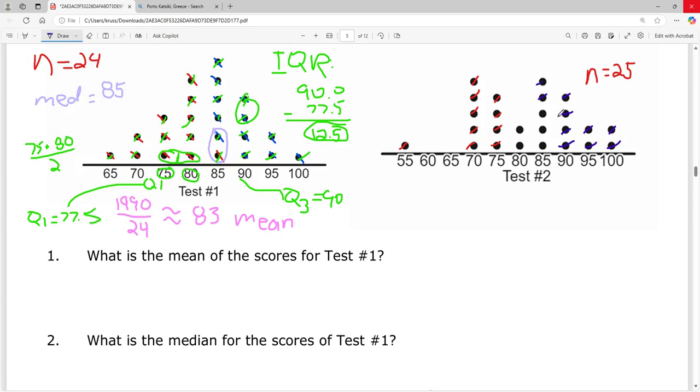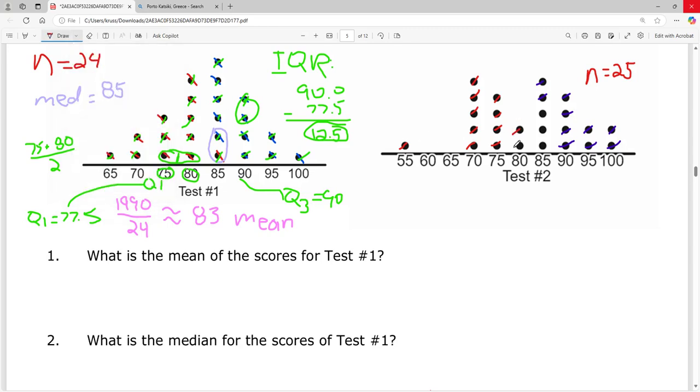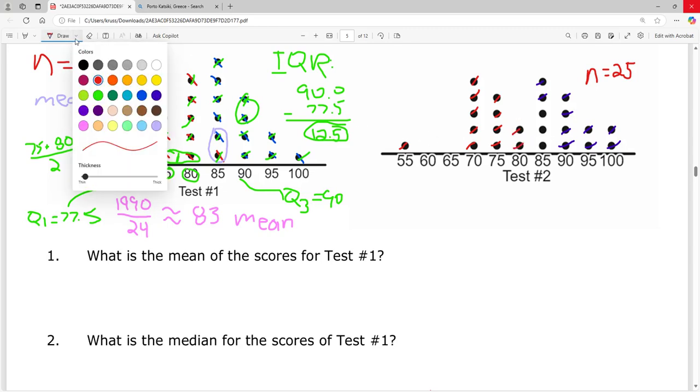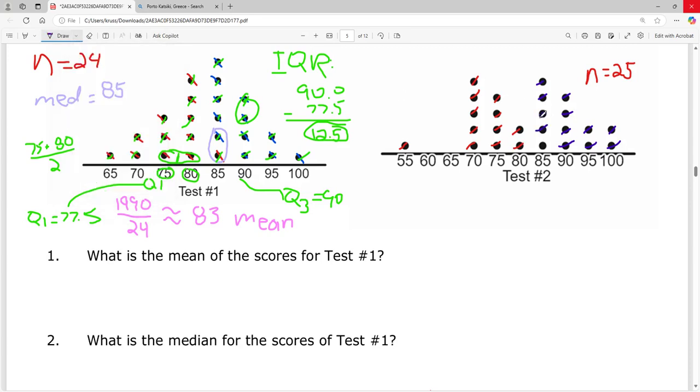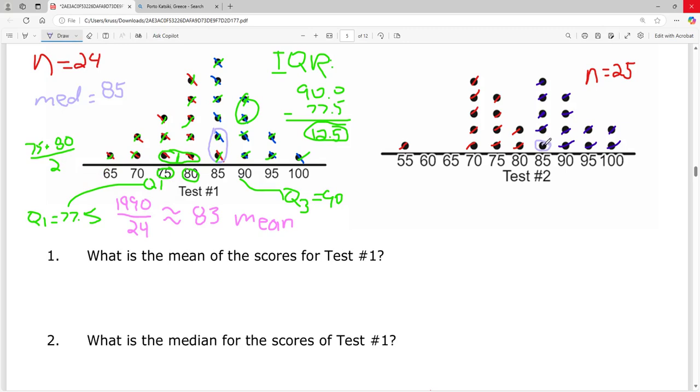Then we'll do 2 more, 1, 2, and 2 more on the other side, 1, 2. So right here is my median, at 85. The median equals 85.